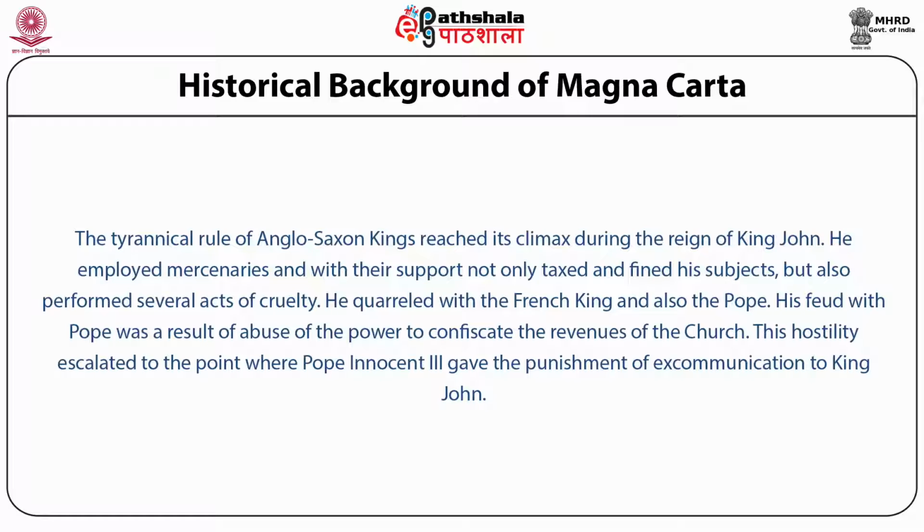Eventually, the barons who were working under King John rebelled against him and forced him to sign the Magna Carta in the year 1215. It has an enormous significance in the evolution of international human rights law as we understand today.